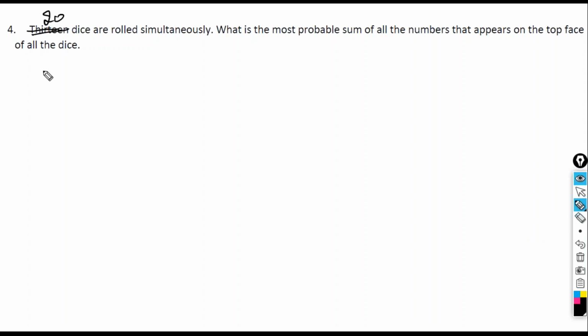Let's see who will give me the answer in the first go. Right, Shubhadeep. Come on, guys, be quick. No, Harshita, do it carefully.